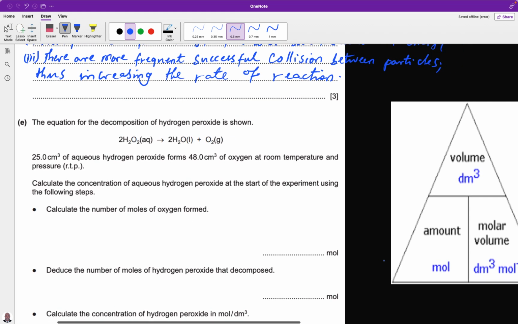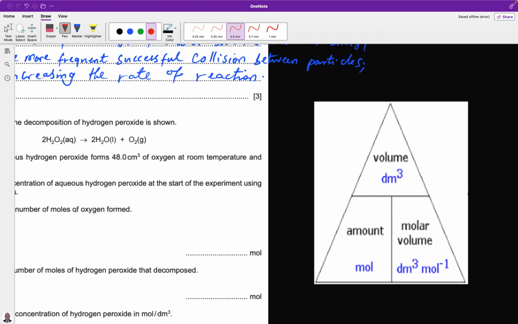Now, we have to calculate the number of moles of oxygen formed before getting to the concentration of hydrogen peroxide. To calculate the moles of oxygen, what do we do? Remember that for moles of oxygen, there is a formula here.